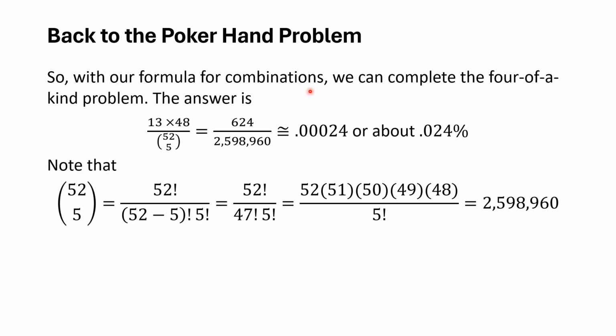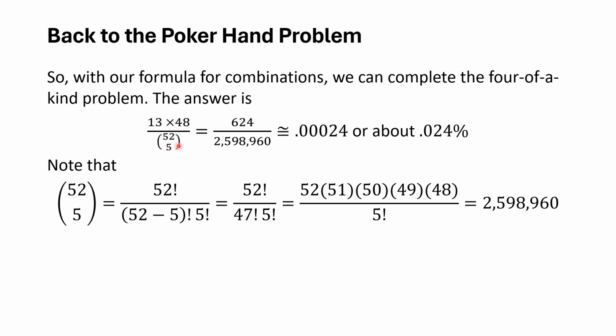So recall from the four of a kind hand in poker, we determined there were 13 ways of getting the 4 of a kind, and then 48 ways of getting the 5th card, but we didn't know what the total number of hands was, and now we know it's 52 choose 5. It's a big number. There are tools on the internet.